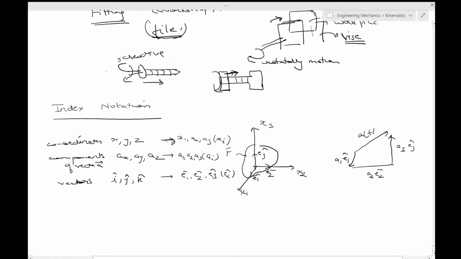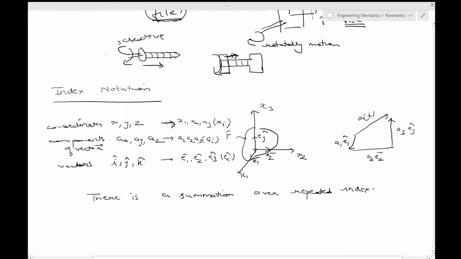Now we also have this, that there is a summation over repeated index. Normally i, j or whatever index you use will always go from 1 to 3 in 3-dimensional. In 2D it will go from 1 to 2.